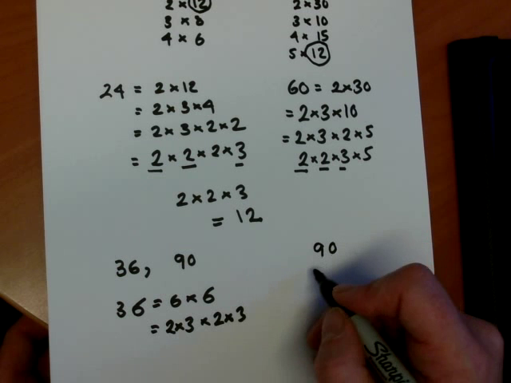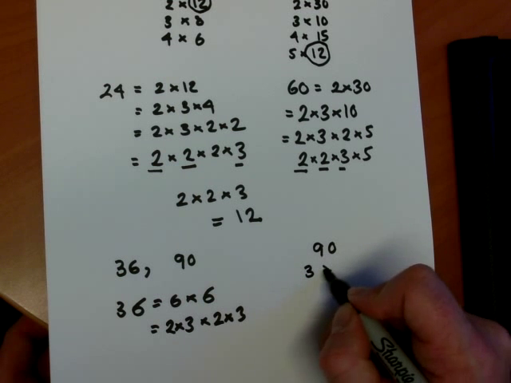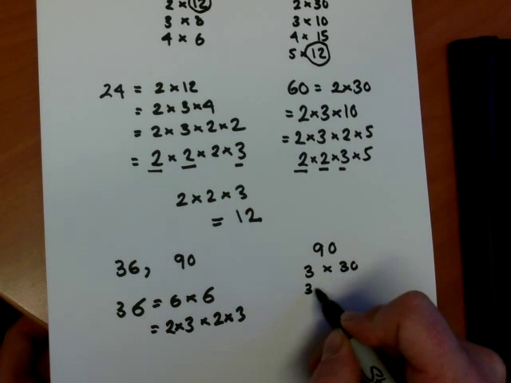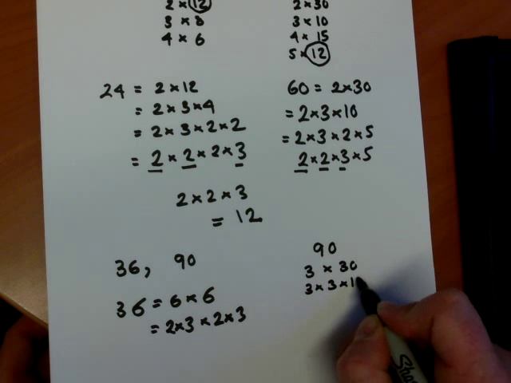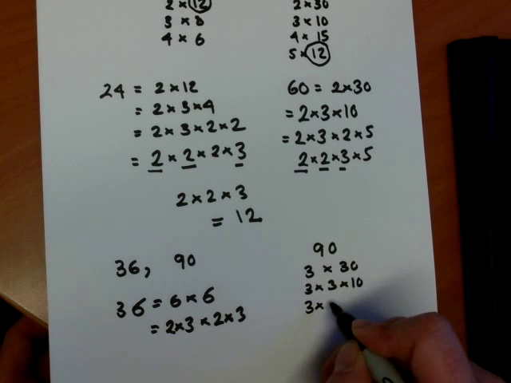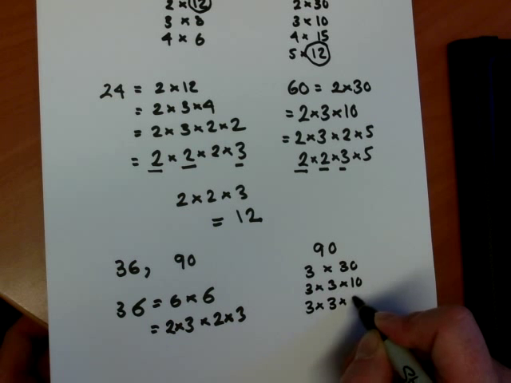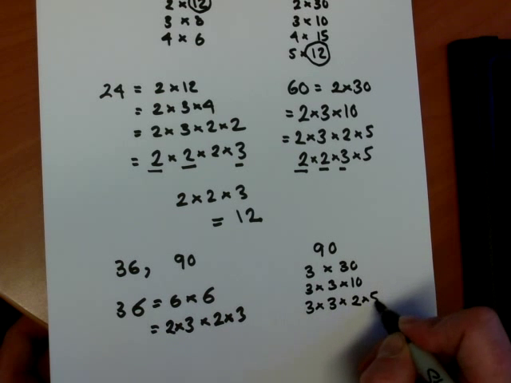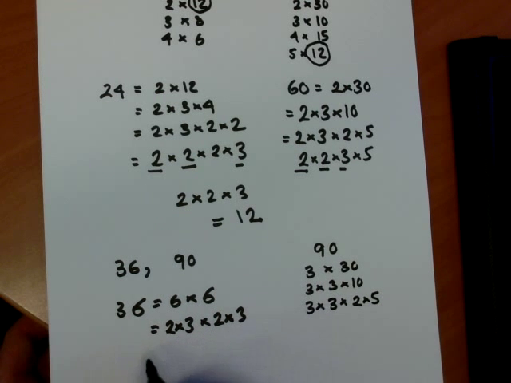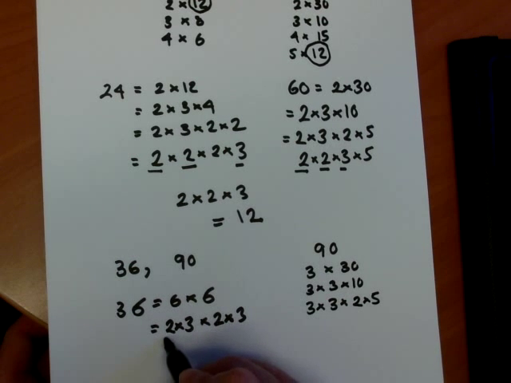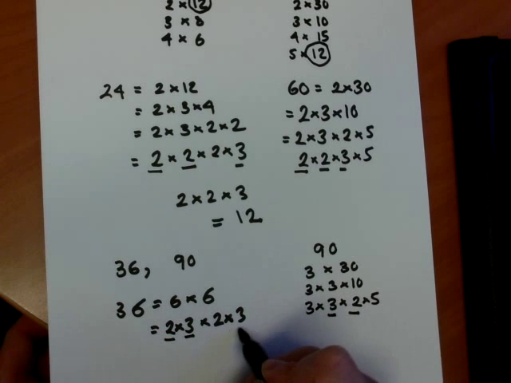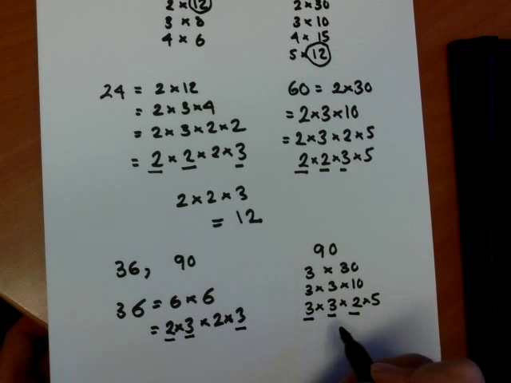My 90 is, let's say, 3 times 30, which is 3 times 3 times 10, which is 3 times 3 times 2 times 5. And if we underline numbers that are in both, we've got a 2 and a 2, we've got a 3 and a 3, and we've got another 3 and another 3.